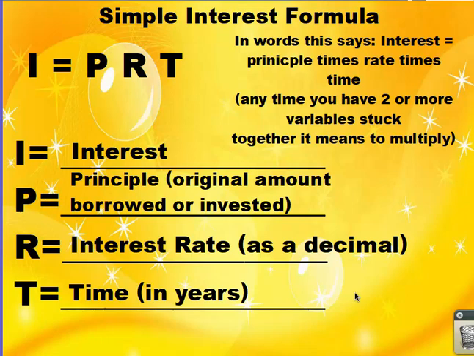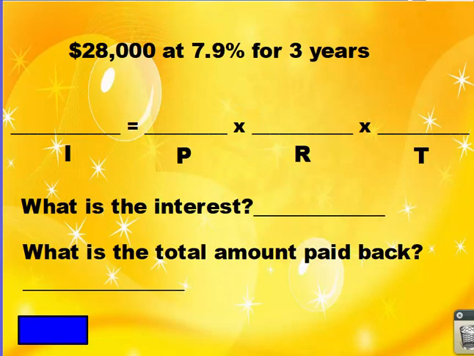So let's see if we can look at a problem that uses the I equals PRT formula. So here's our first one. It says that we have either a loan or an investment, makes no difference which one, of $28,000 at 7.9% for 3 years. So we have our formula, I equals PRT.